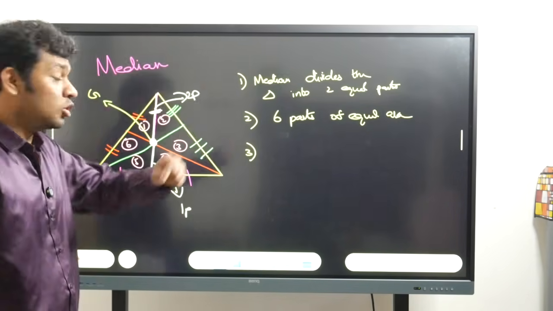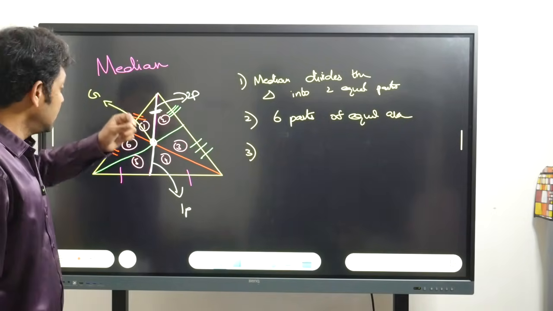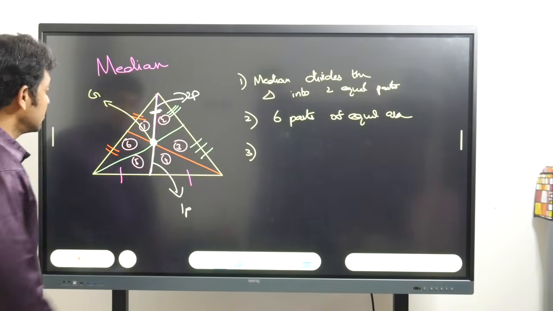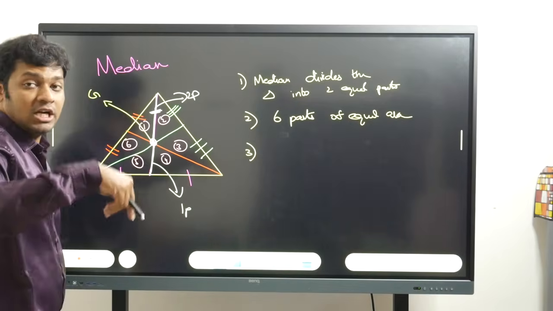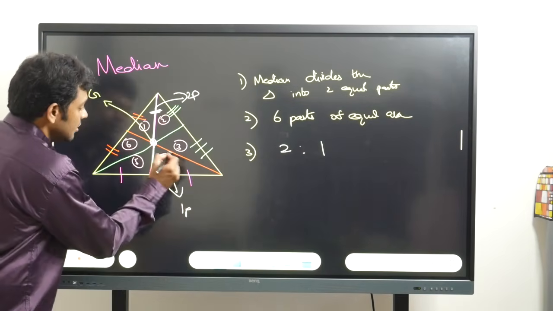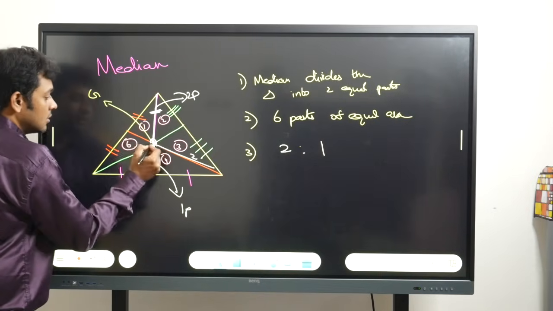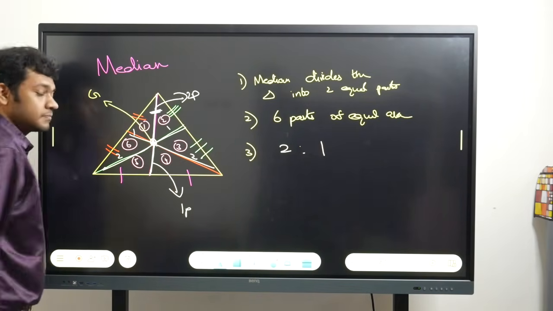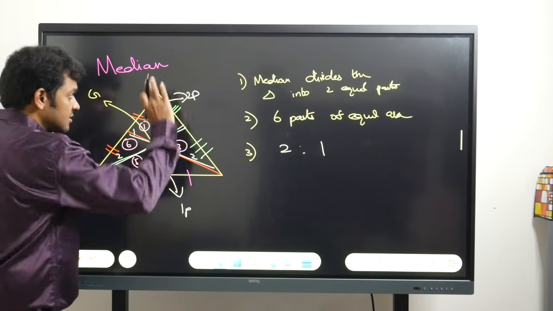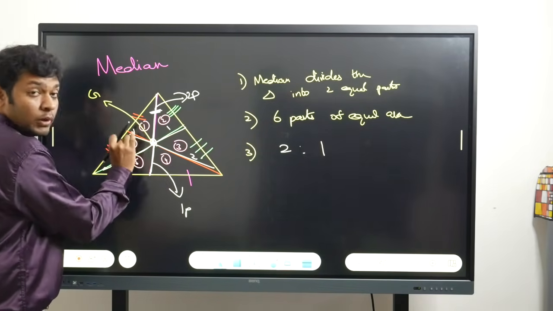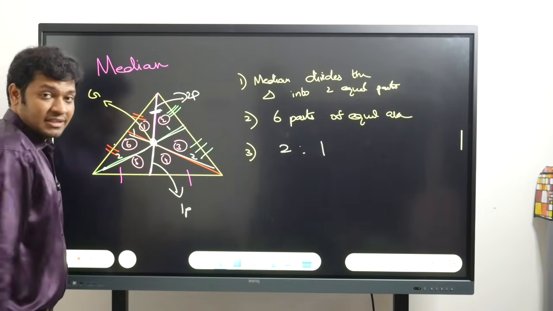The distance from the vertex to the centroid is twice the distance from the centroid to the base. Similarly here, this portion is 2 parts and this is 1 part. So if the total length is 3x, it will be 2x and x; 3y, 2y and y; 3z, 2z and z.